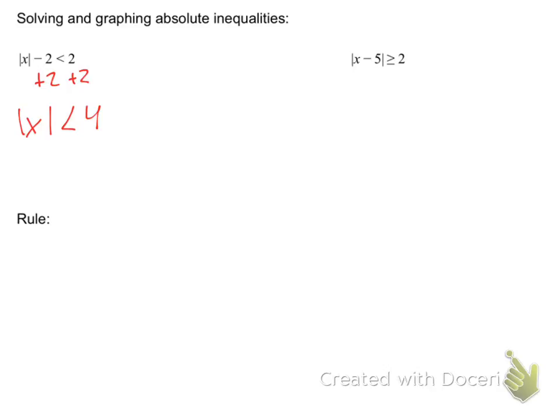Absolute value of 3 is 3, less than 4. Yeah, any others? 2. Any others? 1. Negative what? Negative 3. Negative 5? Let's test it. Absolute value of negative 5 is 5. 5 is not less than 4. Okay, so now I'm here at negative 3 to positive 3.